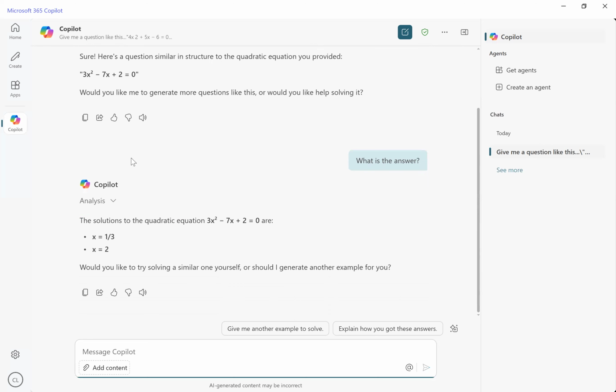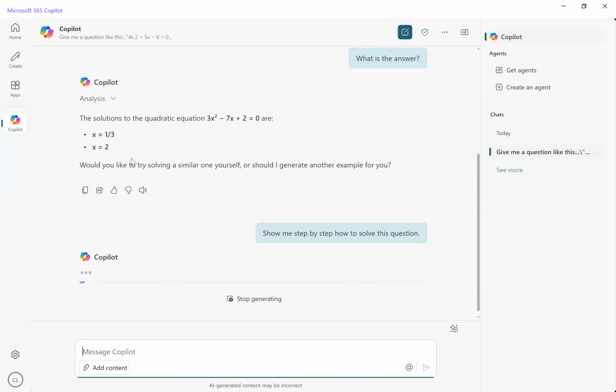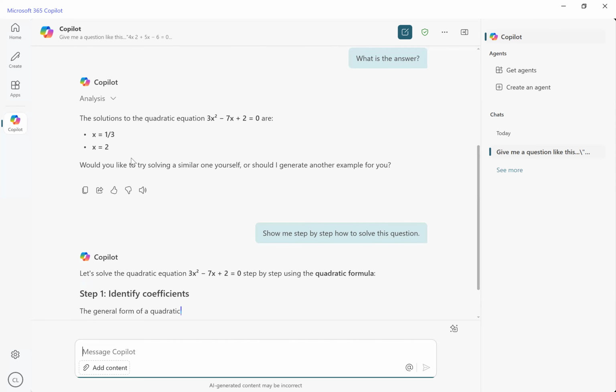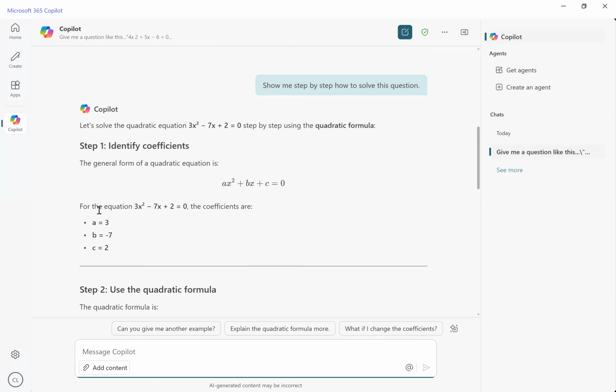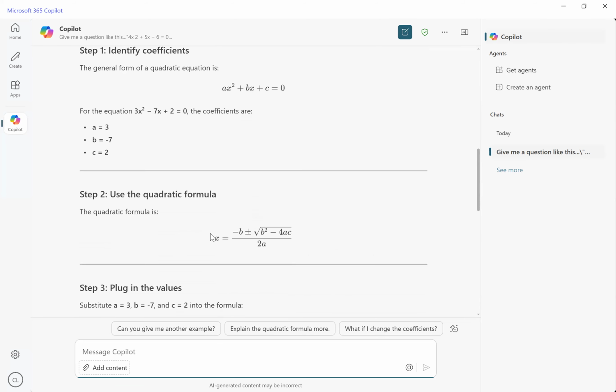But wait, hold up, because I actually fell asleep while I was doing that, right? Show me step by step how to do this. Give it a minute, it's a little complex. All right, identify the coefficients, boom, or we use the quadratic formula.